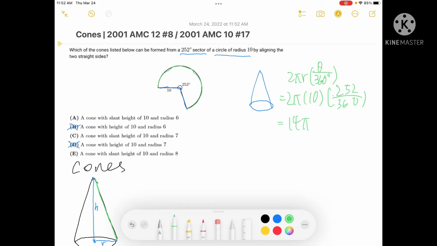Now we know that the base of our cone has a circumference of 14 pi, and we want to find the radius r. So 2 pi r is equal to 14 pi. After canceling out, we know that the radius is equal to 7. So the answer is C.